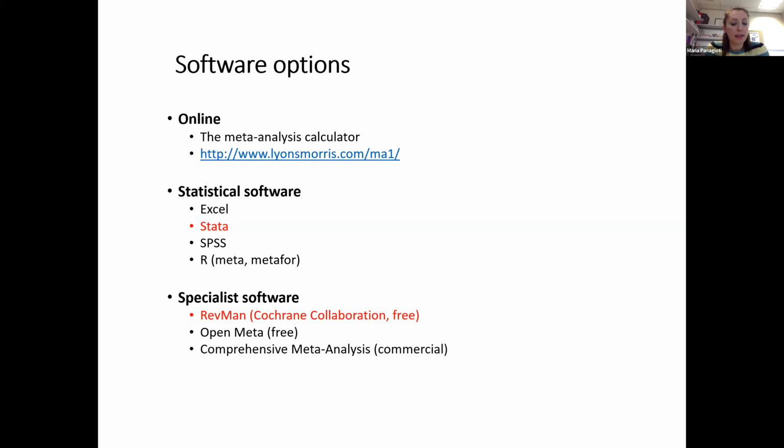There is also Comprehensive Meta-Analysis, which we have used a number of times. It's particularly helpful when you've got a meta-analysis of observational studies and you want to do some extra calculations of the effect size, because they're not as straightforward as in trials. I hope this was helpful as an introduction.